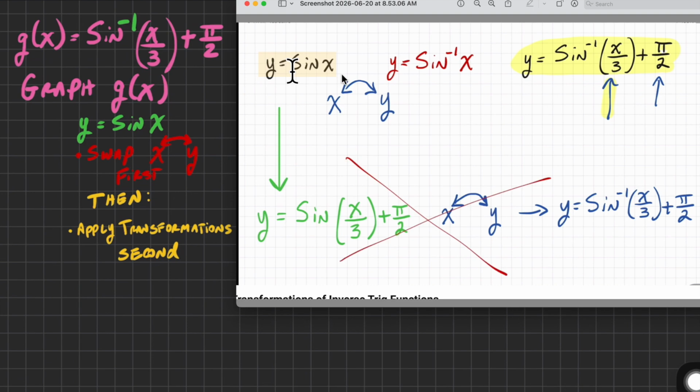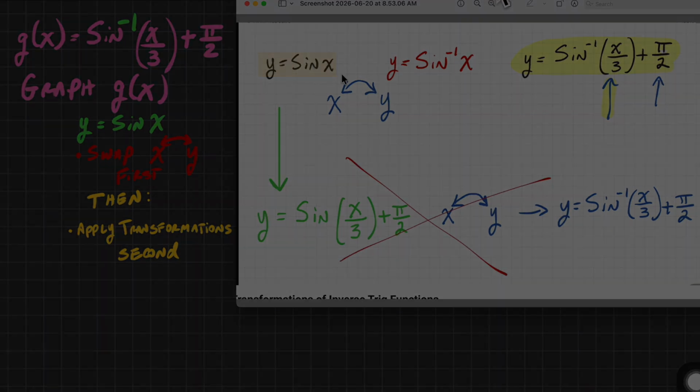First, we're going to take the parent function y equals sine of x, create the inverse function by swapping x and y, and then apply the transformations. Here's what we're not going to do. We're not going to apply transformations to the original sine function and then swap. This is incorrect.